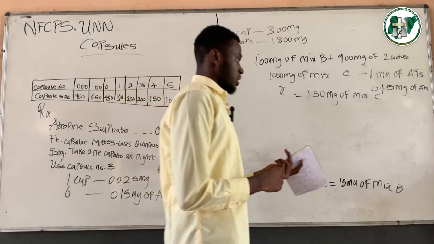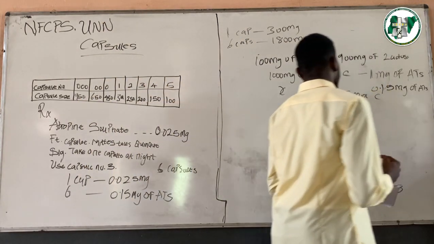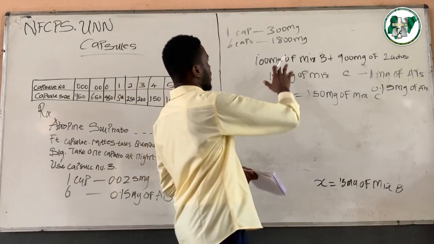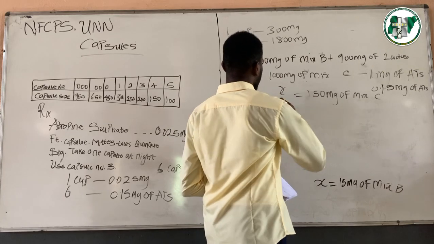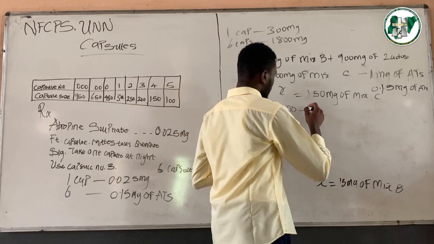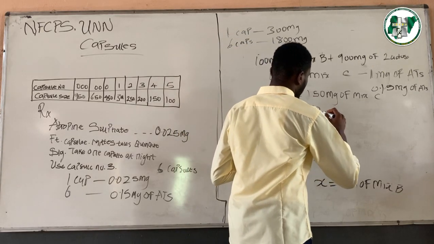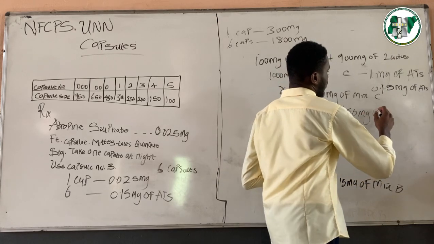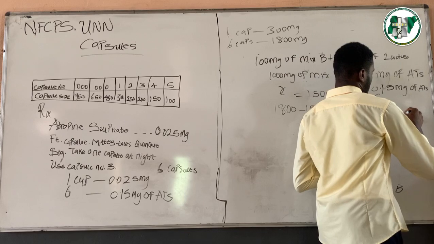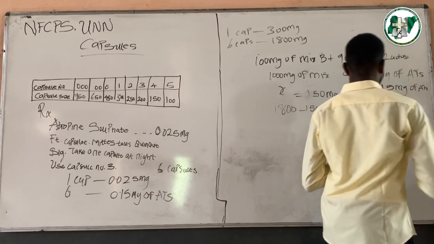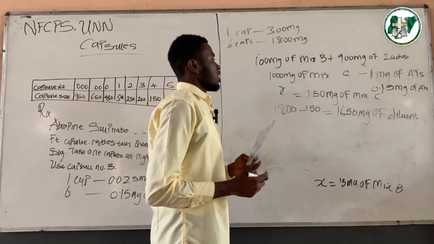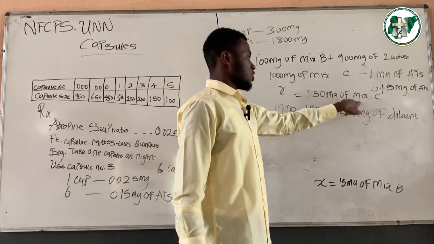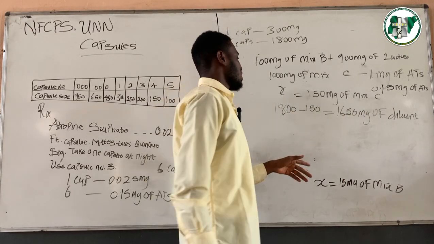So we are going to stop here, and for our final weight, we are going to find the difference between our final weight, which was 1800, minus this. So 1800 minus 150 gives us 1650 milligram of diluent. So what we do now is take 150 milligram from mixture C, take it into another mortar.